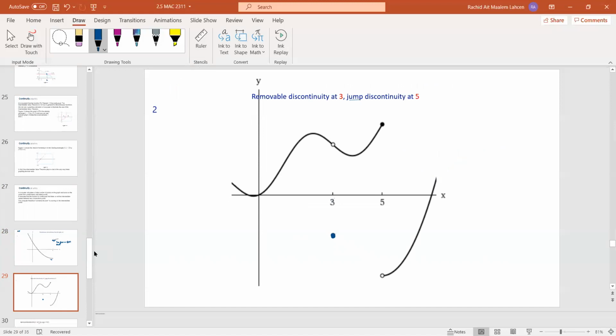Jump means just like we have at 5 here. It's not only discontinuous, but there is a jump. From the left, the limit is this number. Then to continue from the right, you have to jump to this value here.